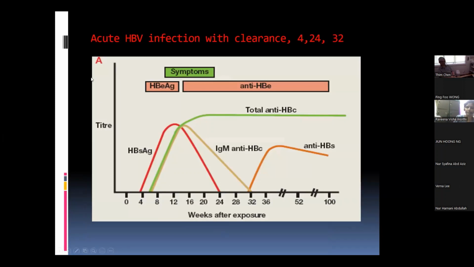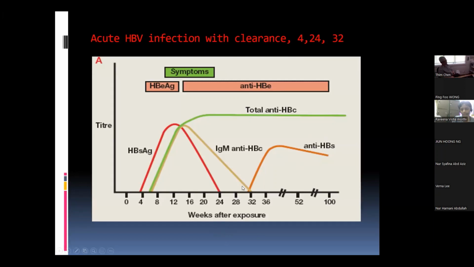I always tell my patients when they check Hep B, so I like this: when you're infected with hepatitis B, your B surface antigen comes up and then drops at 24 weeks. There's a window period between 24 and 32 weeks where you can't pick up Hep B surface antigen and you don't have surface antibody either. So 4, 24, and 32 are important figures to remember.